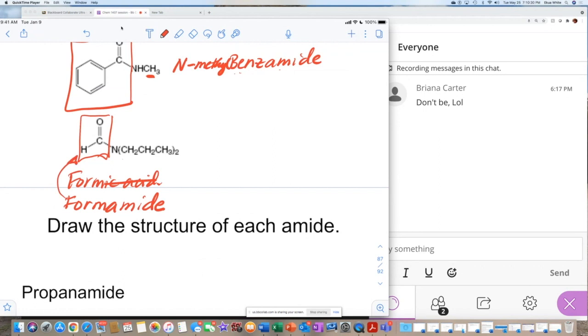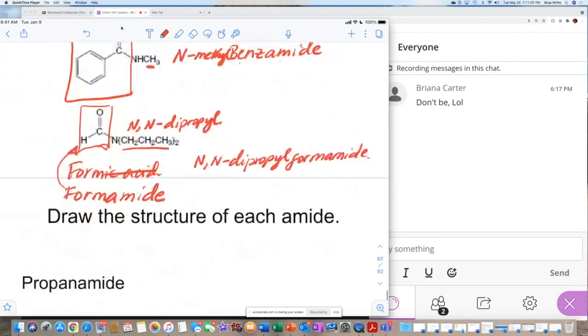The side groups are propyls, two propyls, so we have N,N-dipropyl. I know this is very different. I'm having to think to remember how we do the systematic format. N,N-dipropyl formamide. Okay, following the process.